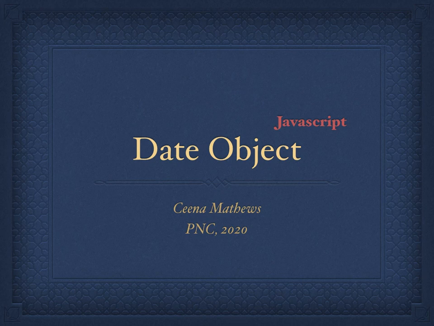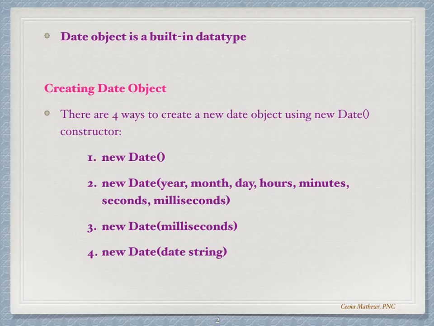In this video, I'll discuss the Date object in JavaScript. The Date object is a built-in data type, and it can be created in 4 ways. In all 4 ways, the creation of a Date object is done using the new Date constructor.